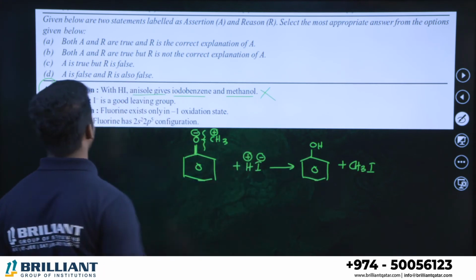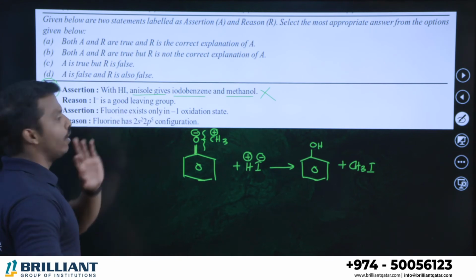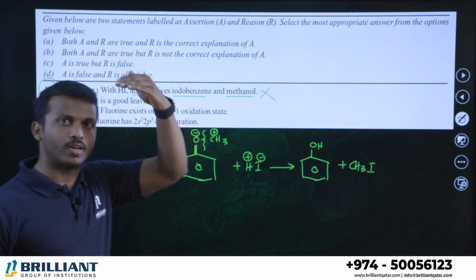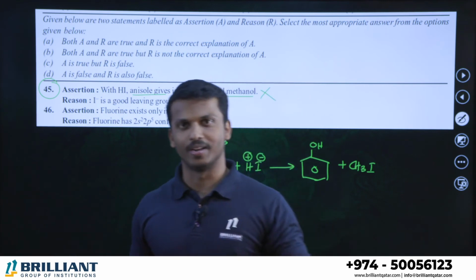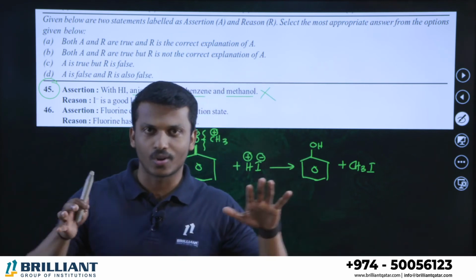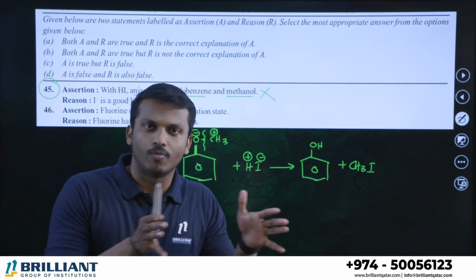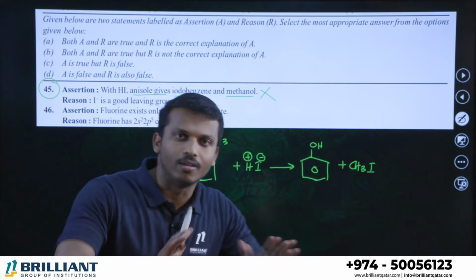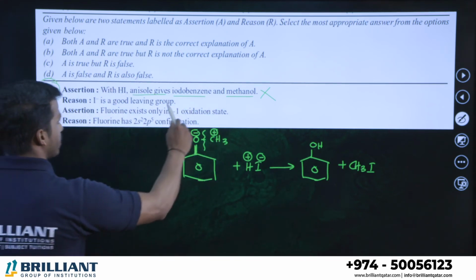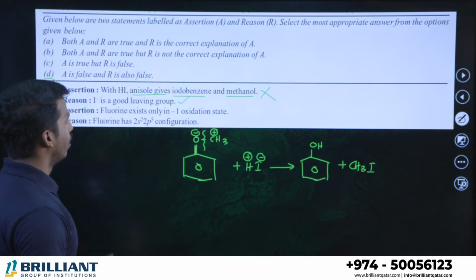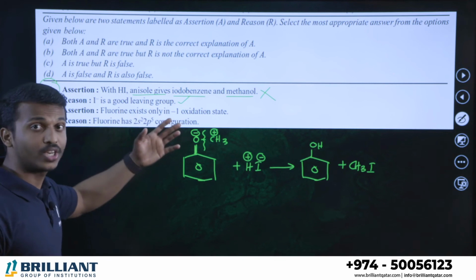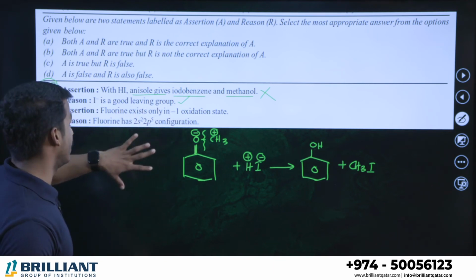This is wrong. Iodine is a good leaving group. Of course, right. Down the halogen group, which is the best leaving group? Iodine. Because of its bigger size and lesser electronegativity, the bond will be weaker with other elements, so it can leave so fast. So iodine is the best leaving group. So the assertion is wrong, the reason is correct.